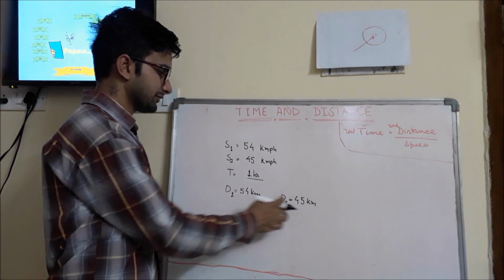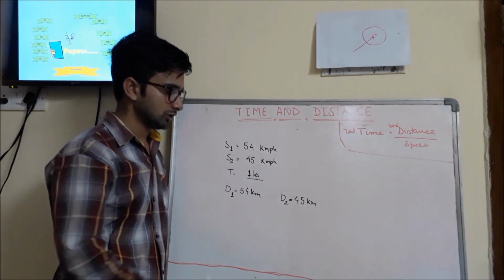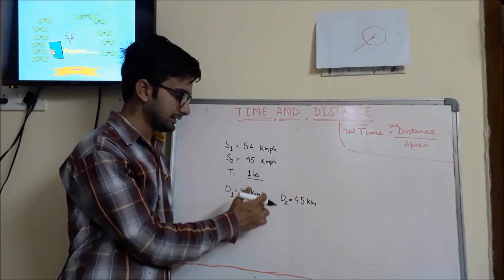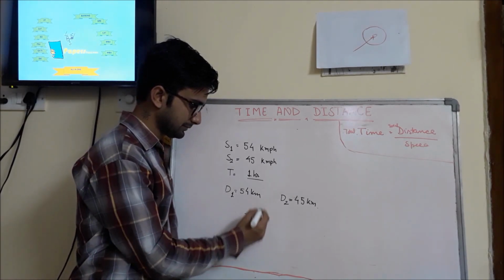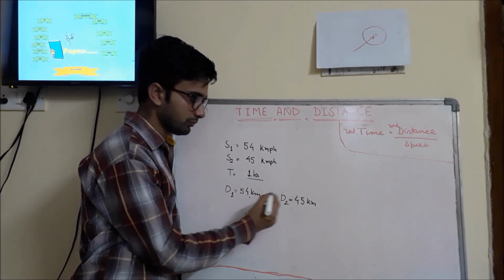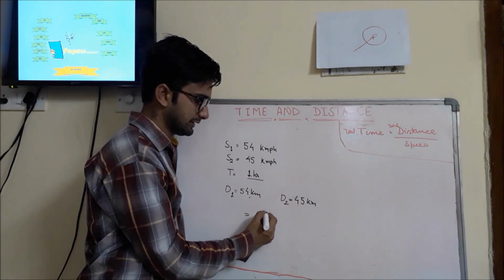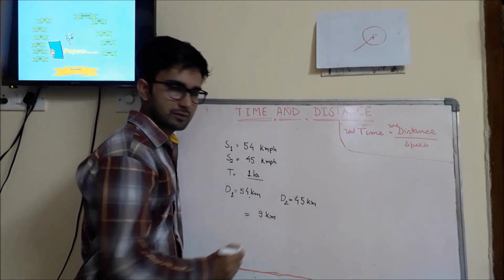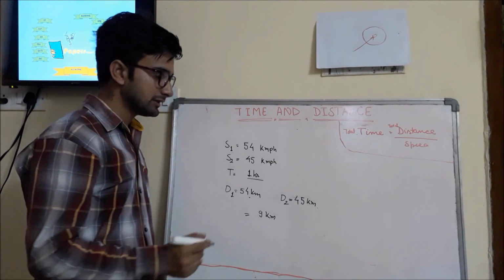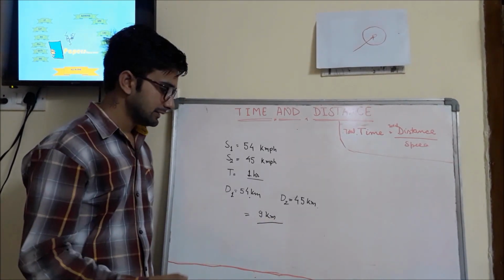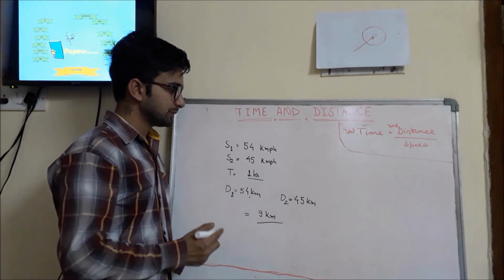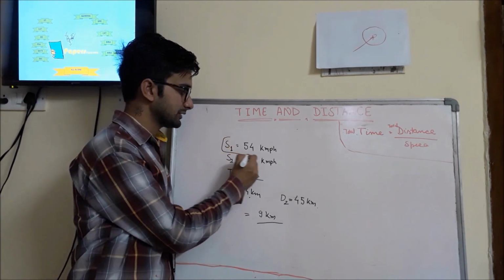Here let's see the difference between d1 and d2. So how much extra can he travel without stopping? For 54 minus 45, that means 9 kilometer he can travel without stopping. So we know this much distance is the one he has not traveled because of stopping, and the speed we will take is this one.